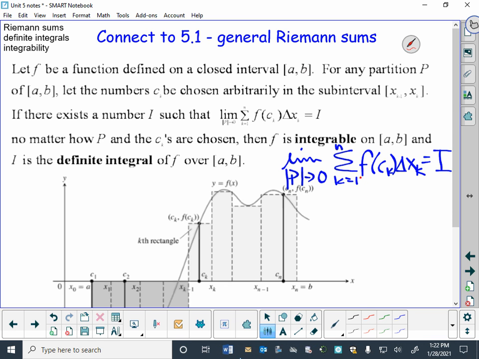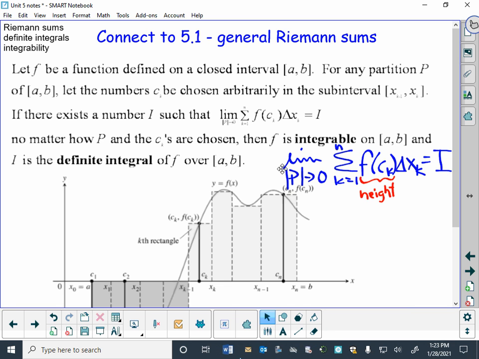Okay, so the things we're familiar with: f of c sub k, this is the height of our rectangles. What we've done with the rectangular approximation methods is one case of a Riemann sum, where we've made some choices very specifically and defined them very well. So the value of the function using the input from the interval determines the height of the rectangle.